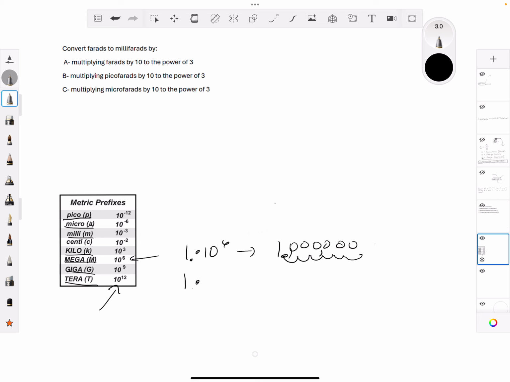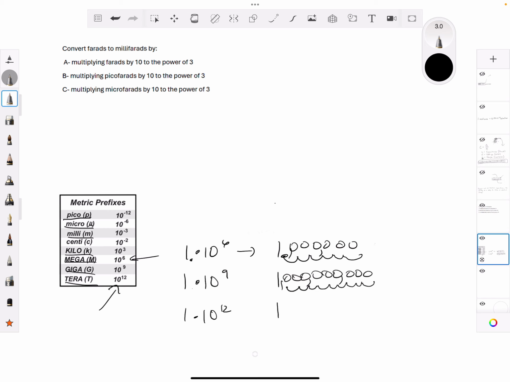Well, 1 times 10 to the 9, which is a giga. I do the same thing. Start here. Go 1, 2, 3, 4, 5, 6, 7, 8, 9. So what is that? A giga is a billion, right? So then what is a tera? 10 to the 12 would just be the same thing.